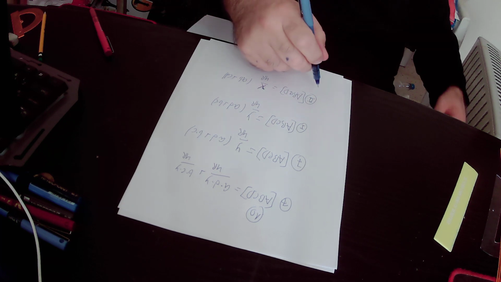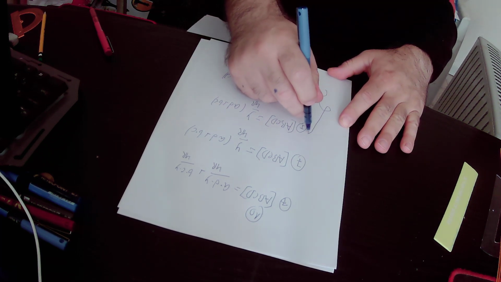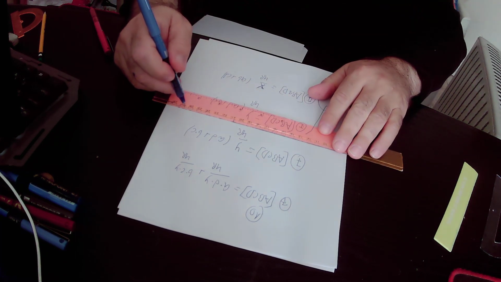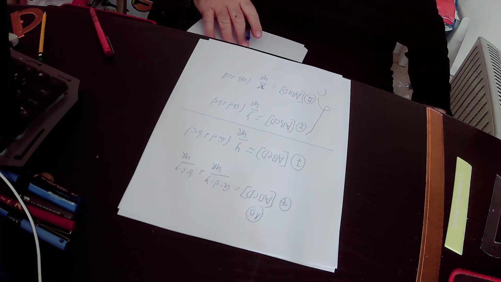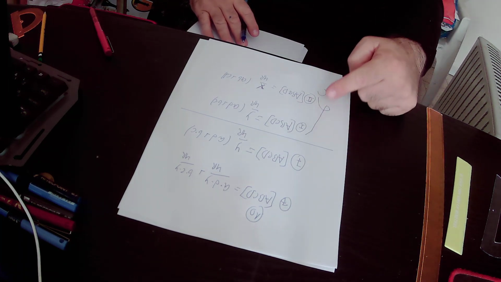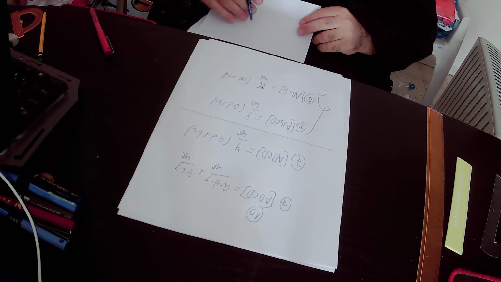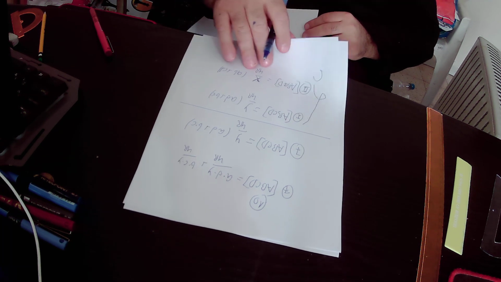Okay, we have two different equations for the area of quadrilateral ABCD. In the next step, we will multiply equation number 1 by equation number 2.